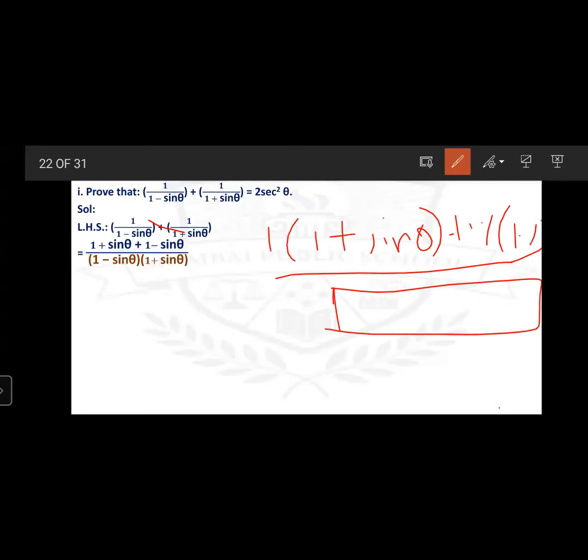In this dash, we write 1 minus sine theta, 1 plus sine theta. Now the sine theta plus sine theta minus sine theta get cancelled and 1 plus 1 is equal to 2. Now, what to put in the denominator? In the denominator, 1 minus sine theta, 1 plus sine theta.